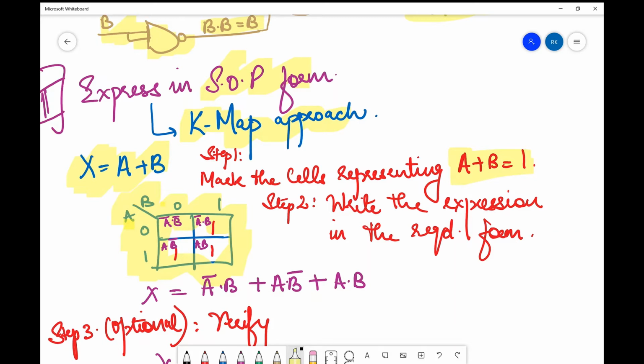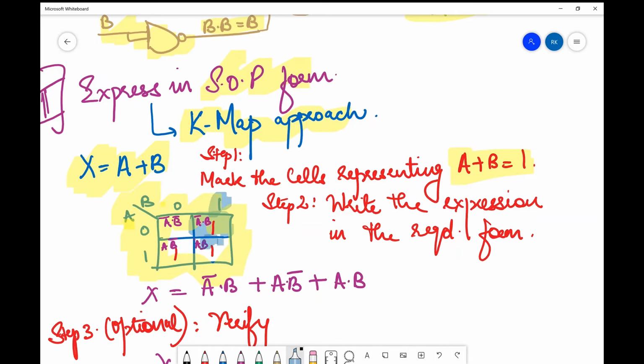We know this is an OR expression, and for it to be true you need at least one of the inputs to be 1. Therefore only cell 0, 0 will not be 1. All the other cells will be 1, because, for example, in this cell B is 1.